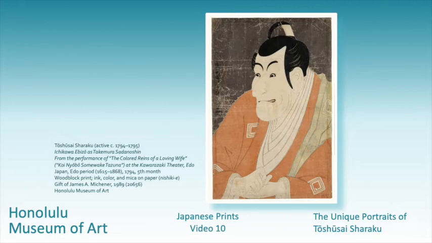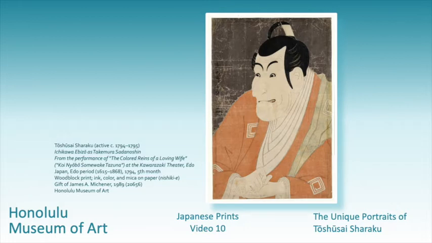This identity was first proposed by Julius Kurth, a German collector of prints who published a biography of Sharaku in 1910, hailing the artist's portraiture as equal to that of Rembrandt and Velázquez.